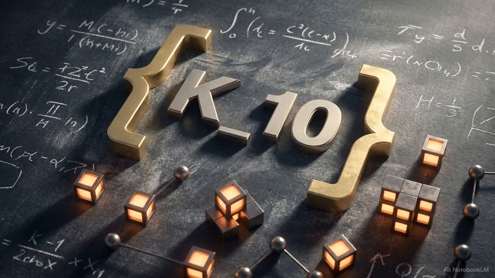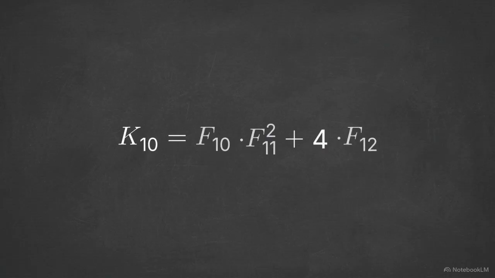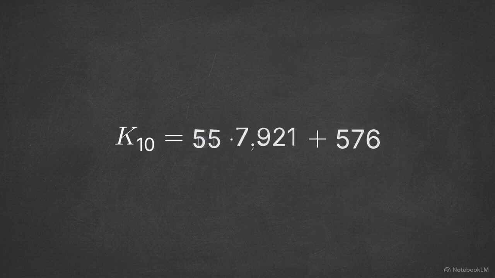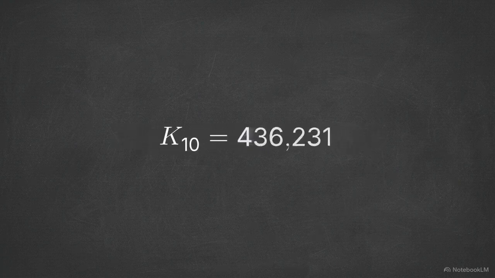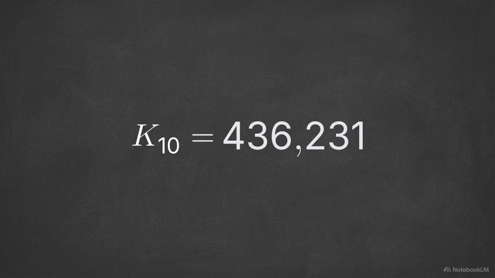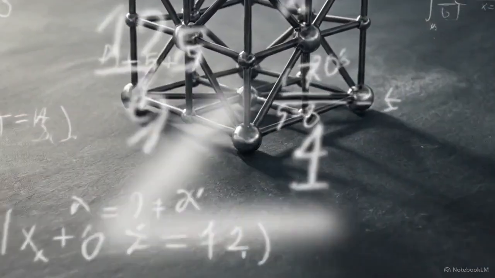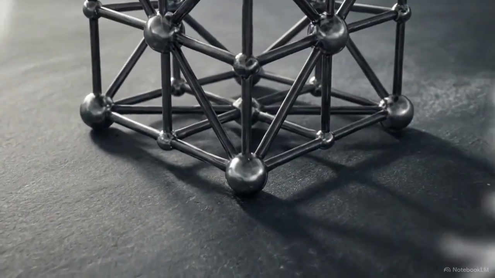To ground this in our n equals 10 example, we plug the integers back into this kn bracket. Calculating 55 times 89 squared plus 4 times 144 outputs precisely 436,231. This allows us to analyze the structural properties of the sequence without the distraction of its raw arithmetic size.